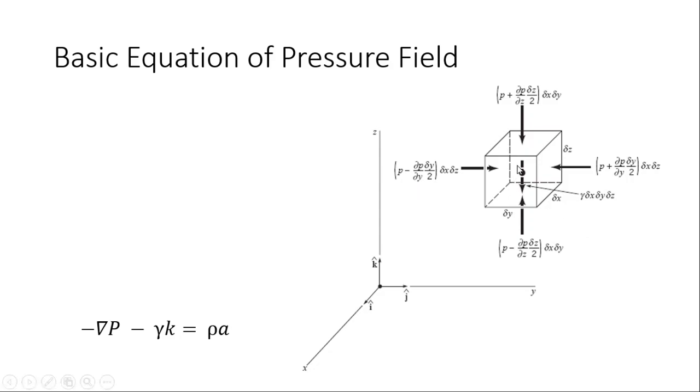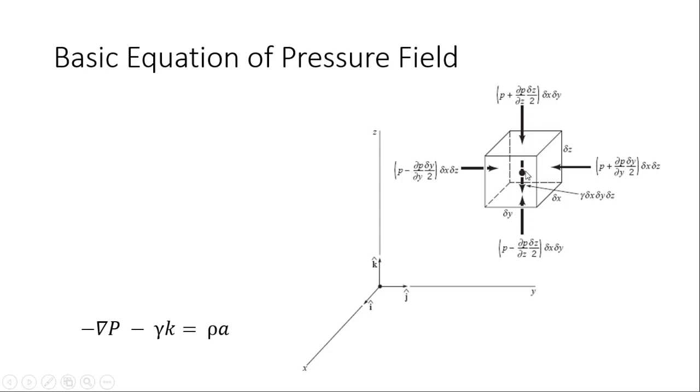If we are moving along the x-axis, the change in pressure will be dou P over dou x. Similarly for the z-axis we have the pressure gradient of dou P over dou z.